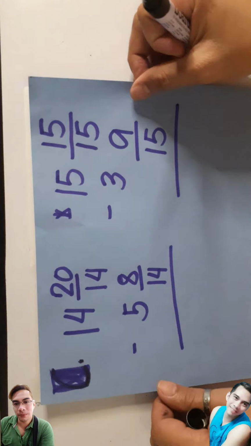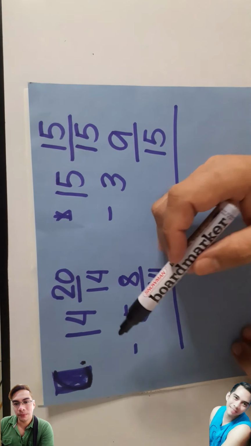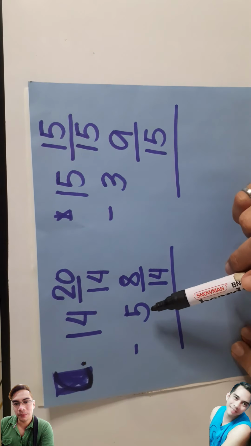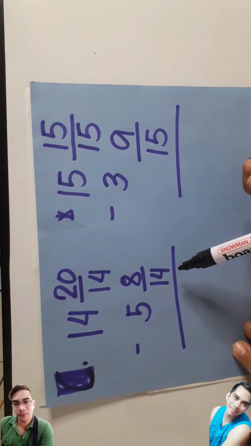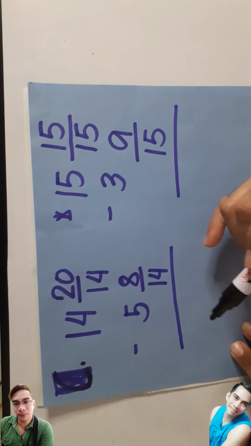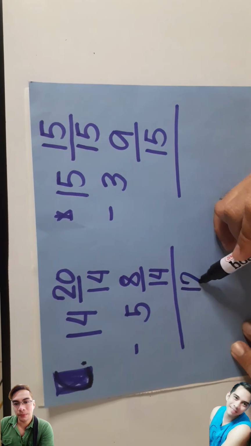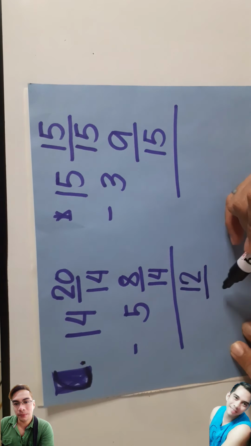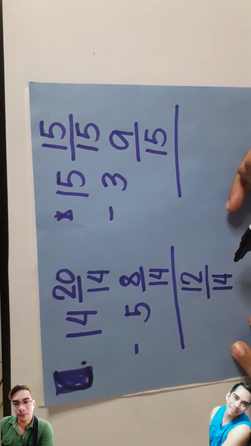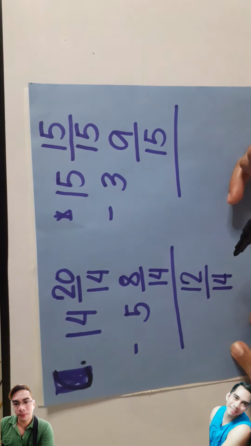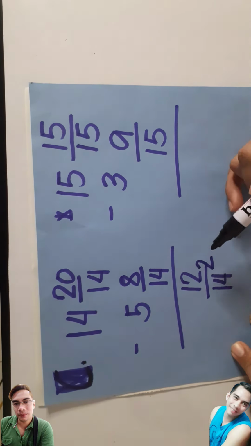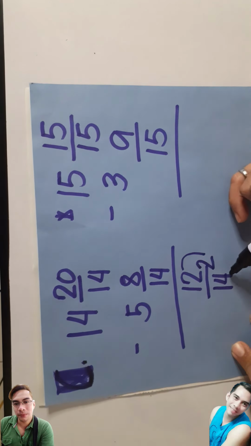Another one, 14 and 20/14 minus 5 and 8/14. So, subtract natin si 20 minus 8. The answer is 12. Then, copy the denominator, 14. So, 12 over 14, reduce pa po natin sa lowest term using the common factor na 2.